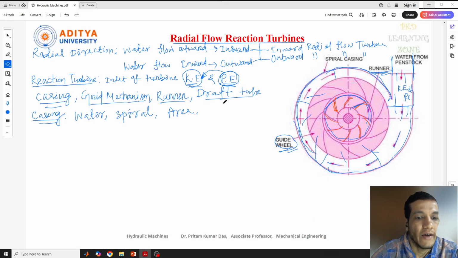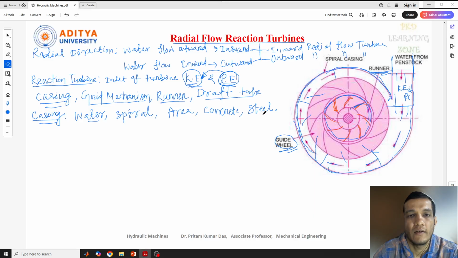And it is always completely full of water. The casing may be made of concrete, cast steel, or some other hard materials, chosen to protect the turbine part. So this is the casing part.